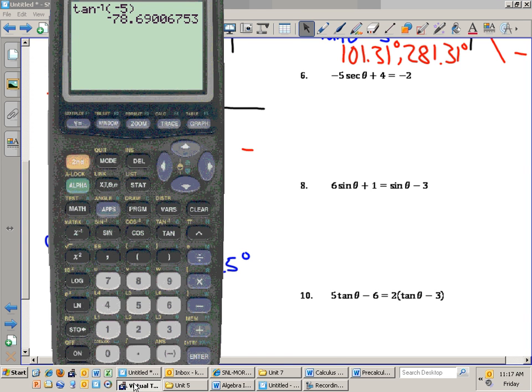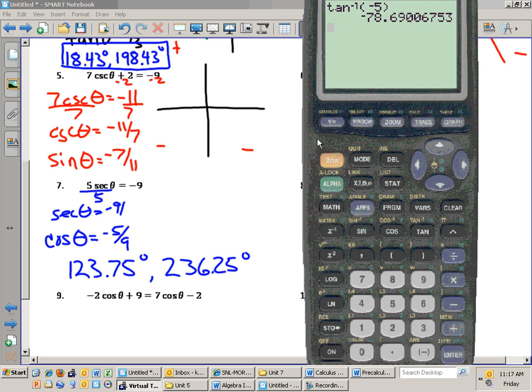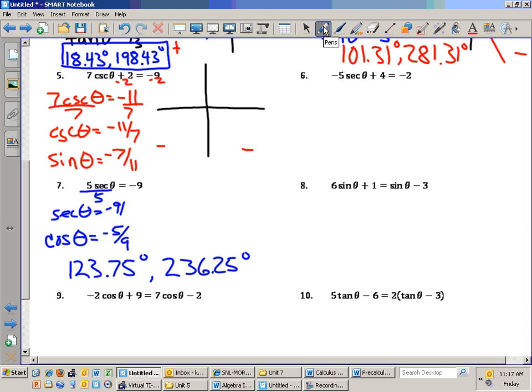Grab my calculator. Sine inverse, negative 7 divided by 11. Negative 39.52. So how do I locate that? Where do I go? Down. 39.52 would be that.